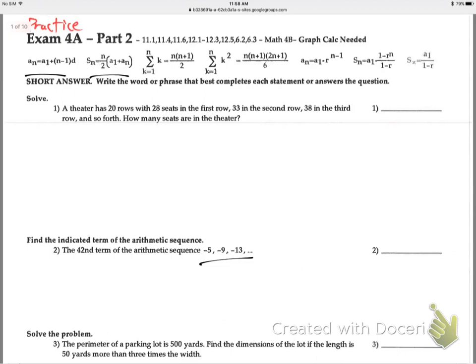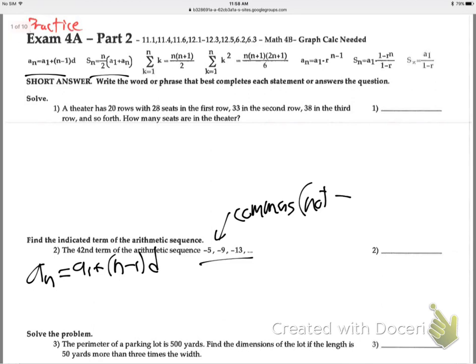Clearly commas. So it's the A sub n formula, isn't it? I'm not going to use the S sub n on this one, right? Commas, not plus signs. So A sub n, not S sub n. It's not a sum. It's just a listing. Good?